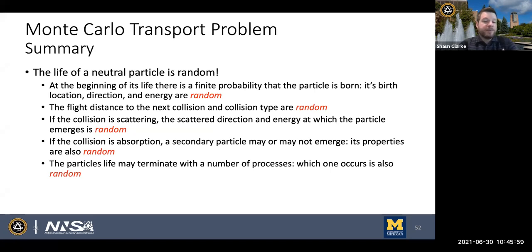And the process by which a particle's life terminates is also random because of all these other behaviors. So this random nature of radiation and radiation transport is what makes the Monte Carlo method really well suited to handle these types of calculations.